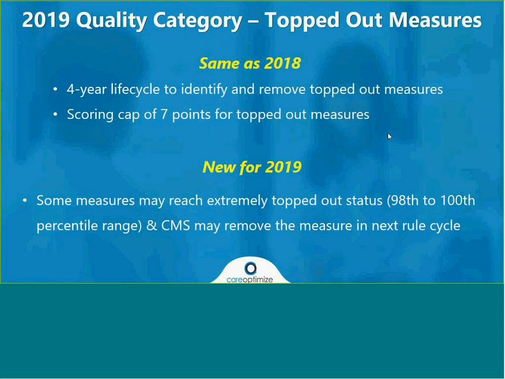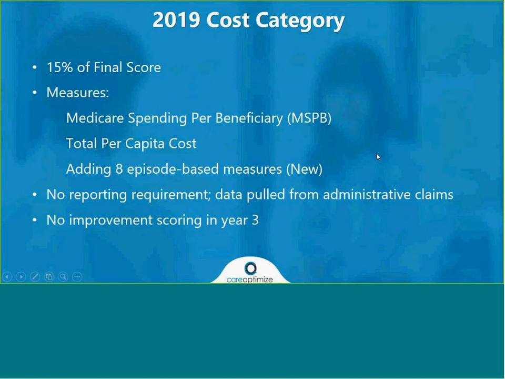What's changed for this upcoming year is that CMS is calling them extremely topped out, is their name for them, extremely topped-out measures, and they could pull those out in the next ruling cycle, and that's going to be anything that's from the 98th to 100th percentile. Again, nothing really ground-shaking for anyone, I don't think, but still good to know that those that are that high will get pulled out in the next cycle.